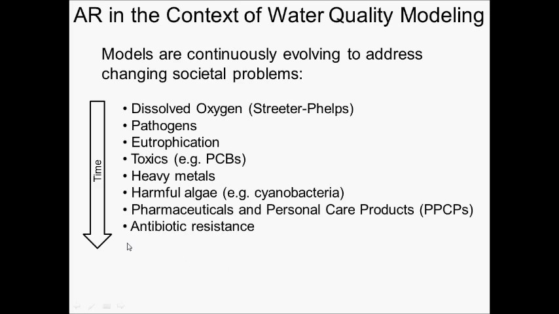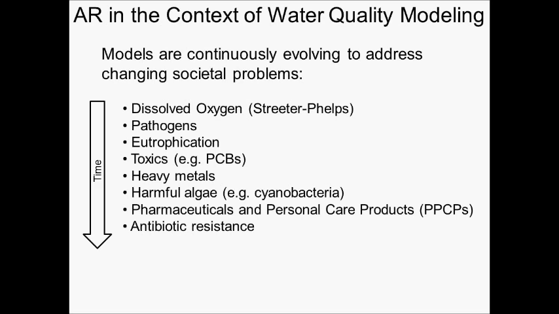And then maybe the most cutting-edge problem is antibiotic resistance. So it only makes sense for us to start developing water quality models for antibiotic resistance if you look at the history of environmental problems and the role of water quality modeling.